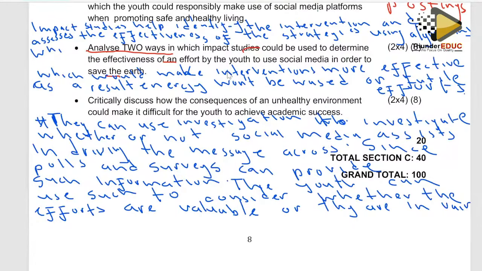So the next part of the question: critically discuss how the consequences of an unhealthy environment could make it difficult for the youth to achieve academic success.